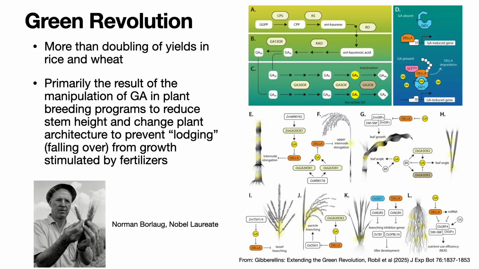On the right side, there are images of how gibberellin research is being used to extend the Green Revolution through understanding and manipulating internode elongation, leaf growth and leaf angle, tassel and panicle branching, tiller development, and nutrient use efficiency. The effects of gibberellins on seed germination, plant growth, architecture, and nutrient absorption are profound and far-reaching.